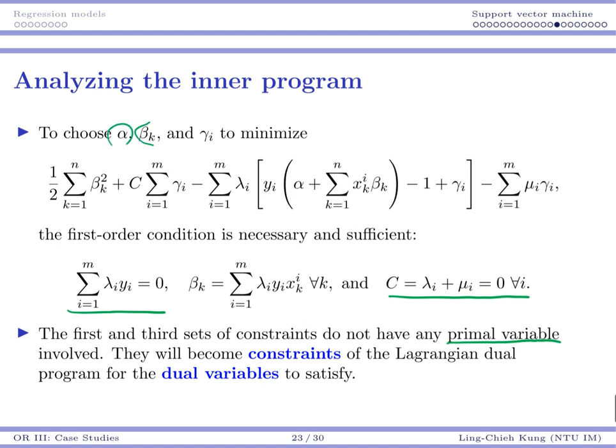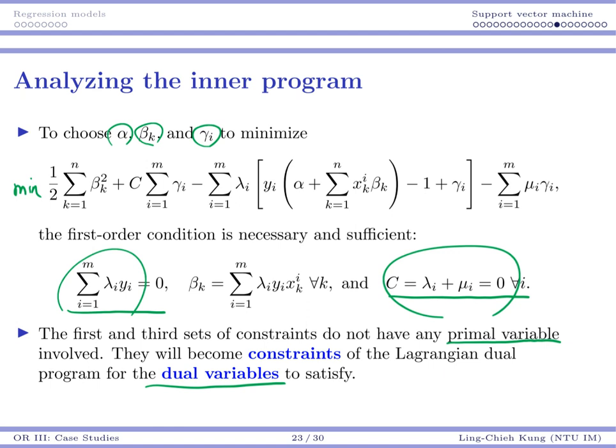They don't have alpha, beta, or gamma, right? So what does that mean? Whenever you are minimizing the whole thing here, you must make sure that your dual variables are chosen appropriately to make this and that happen.